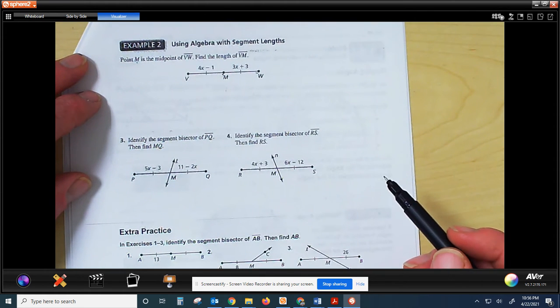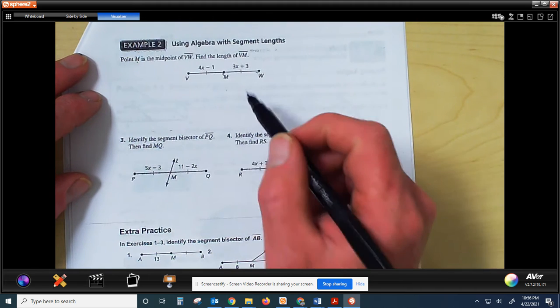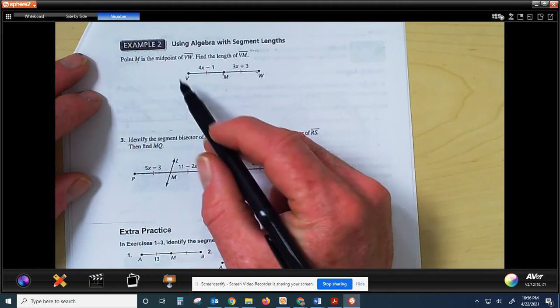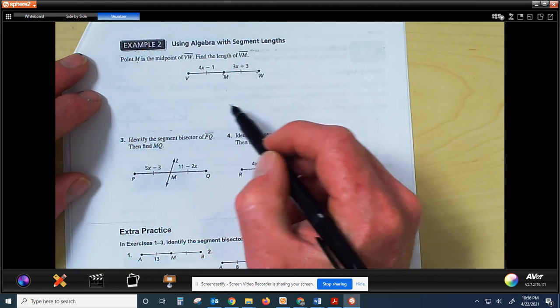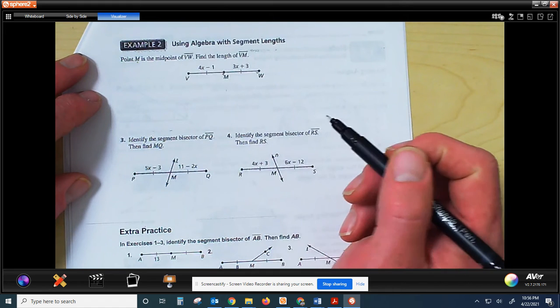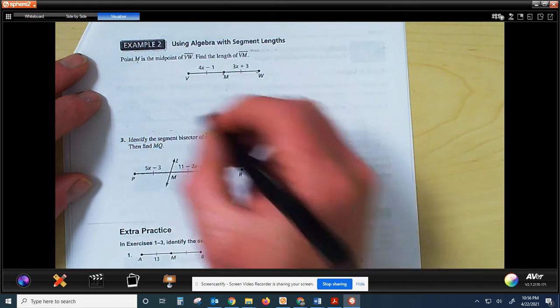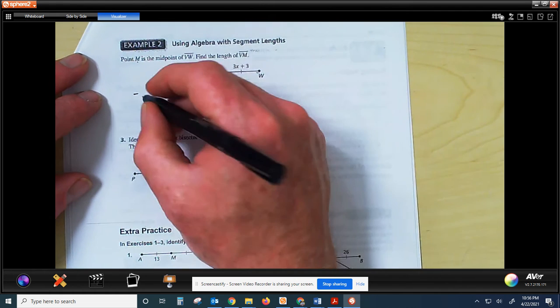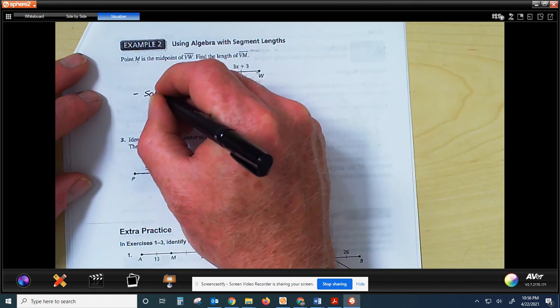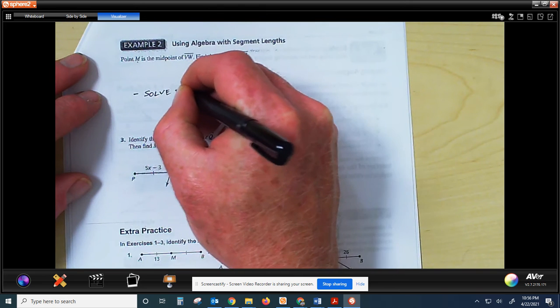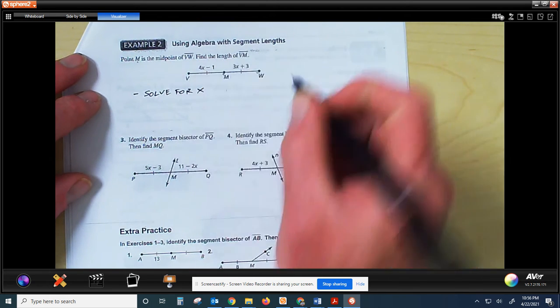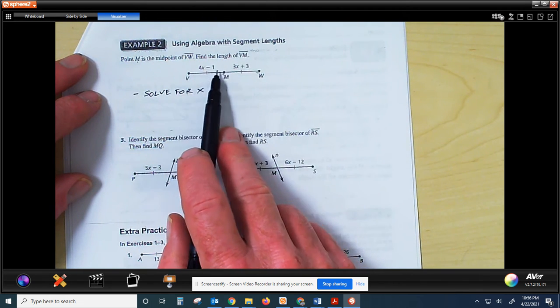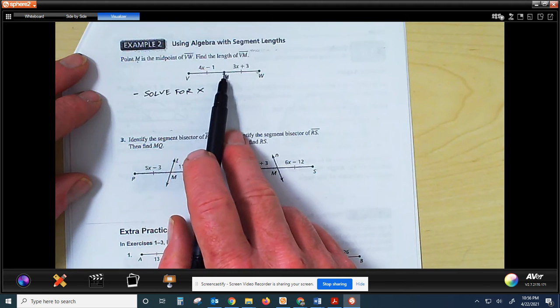Wow. Okay. Photomath usually chokes on these questions because it doesn't know what is being asked. For algebra, we need two things here. To solve it, we need to solve for x as a variable because we are given expressions as a representation of a length.